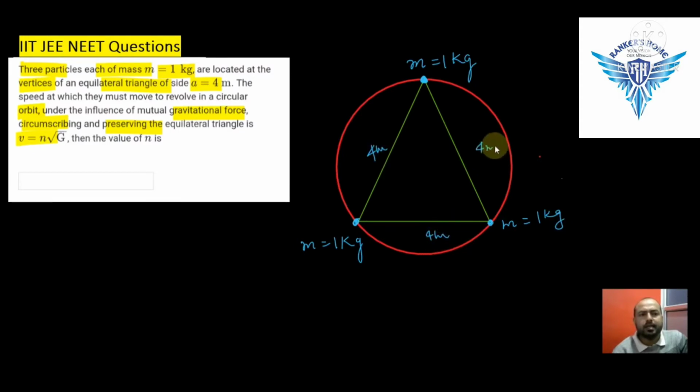This is an equilateral triangle, and the particles are moving in a circular path, and the shape of the triangle is not disturbed. This one is moving in this direction, this one in this direction, and this one in this direction, and the shape is maintained.